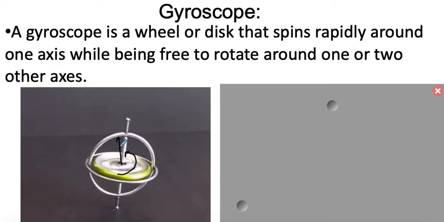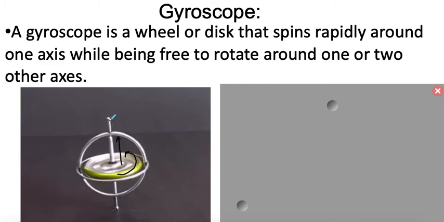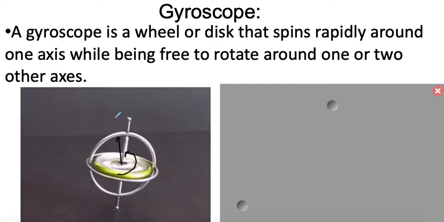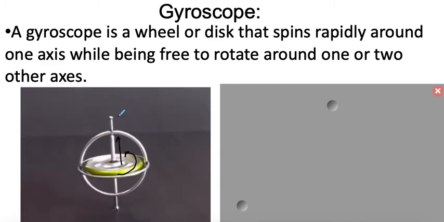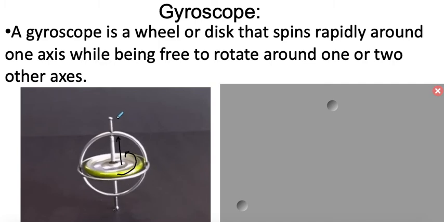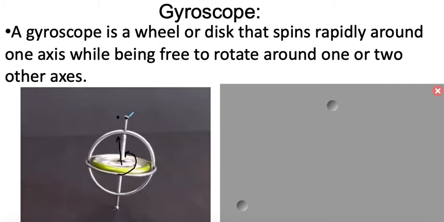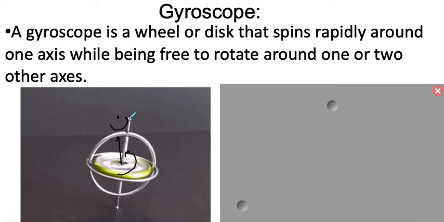But that force in the upward or straight downward direction is going to want to keep that gyroscope from moving around. So if you spin it really fast, it's going to maintain that vertical position for a while, but then, as we just talked about in the last slide, it's going to start to tip a little bit in this example, and you can see it spinning around that central axis as it starts to lose a little bit of that momentum.